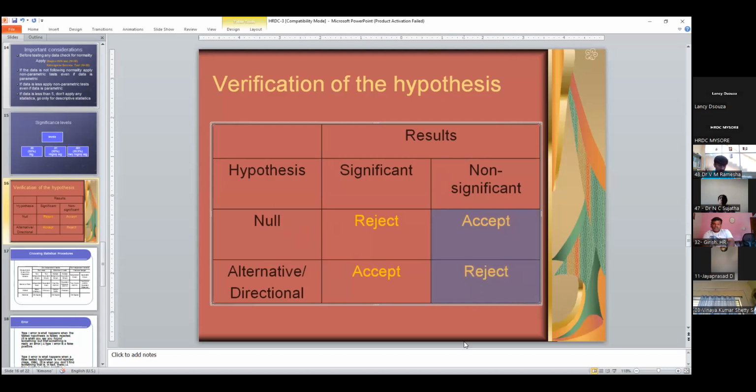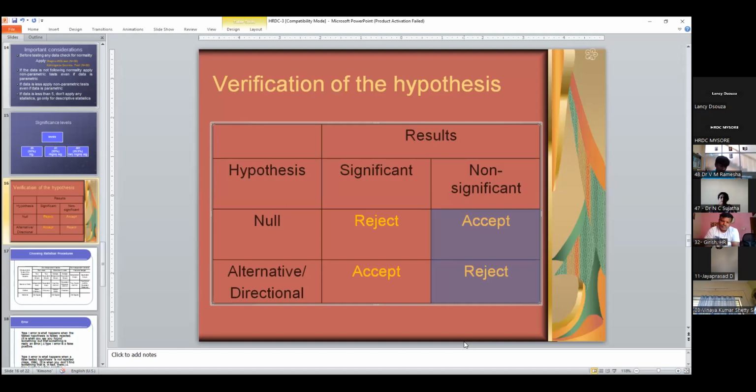Now this part which is highlighted, null accept and alternative directional reject, will give the idea of type 1 and type 2 errors. Yesterday I mentioned what those type 1 and type 2 errors are, which should not be committed much in research, because the more type 1 and type 2 errors are made, the less good the research is.